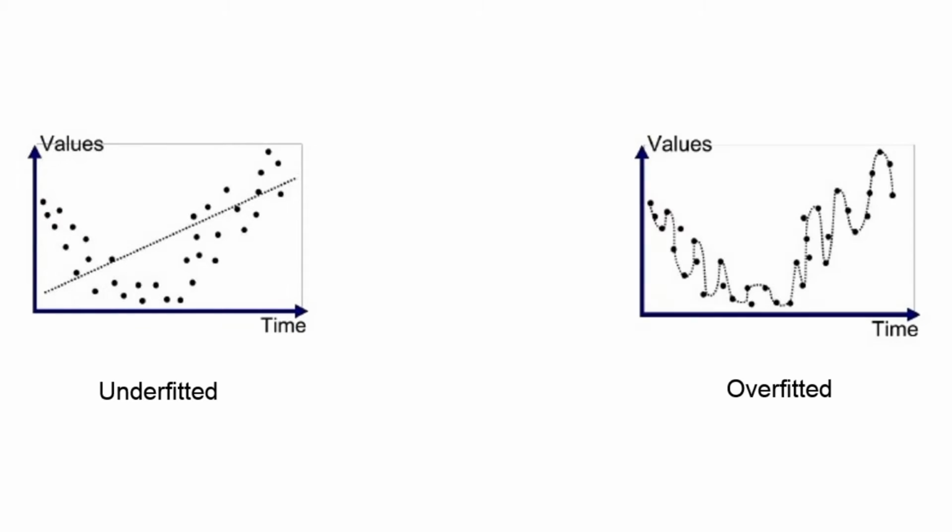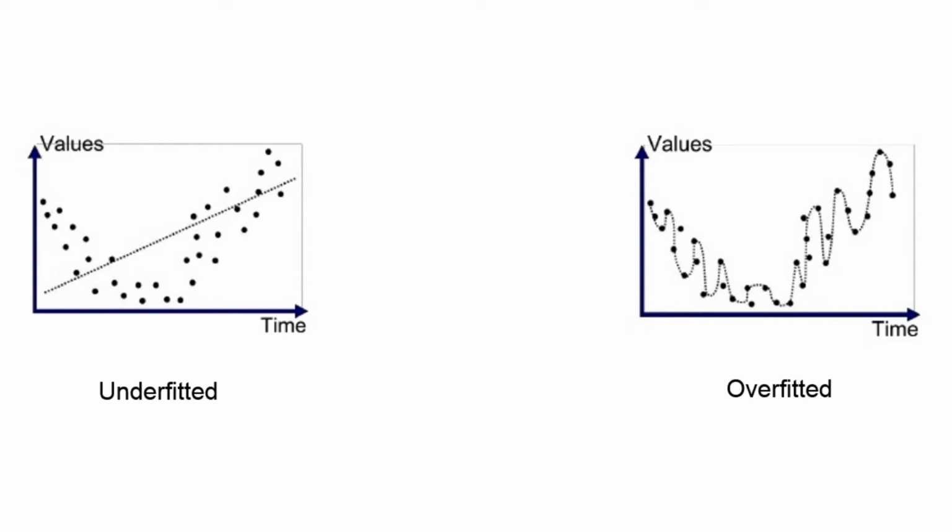On the other hand, the line on the right-hand side graph covers all the points. You may think that the right-hand side model is really good, but this model, in fact, is an example of overfitting. The line may cover those points also which have noise.